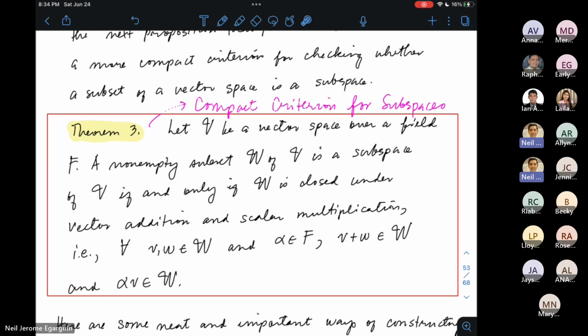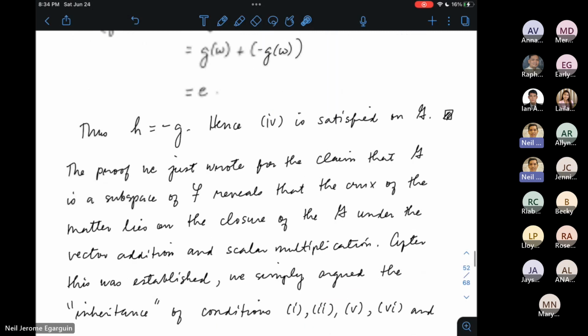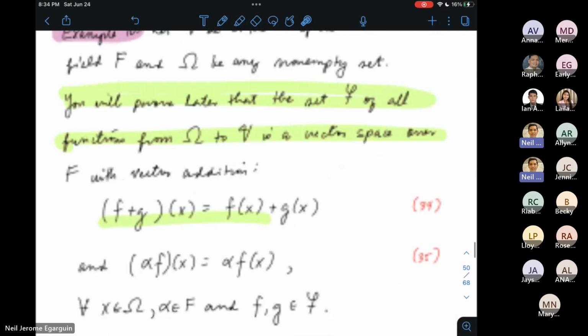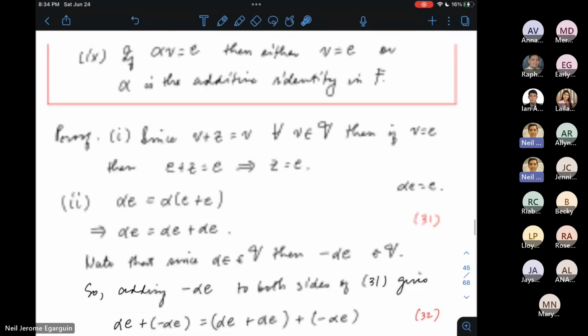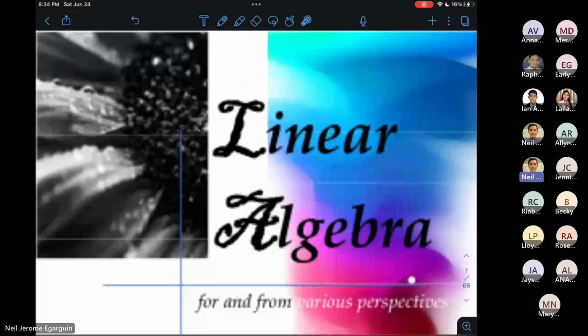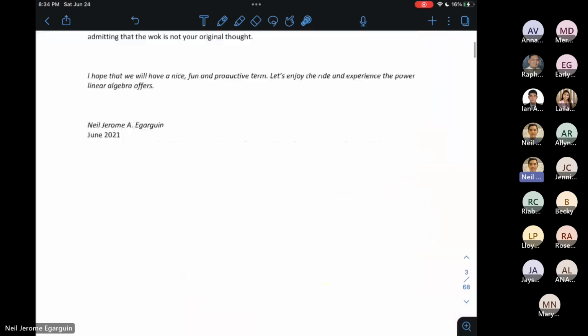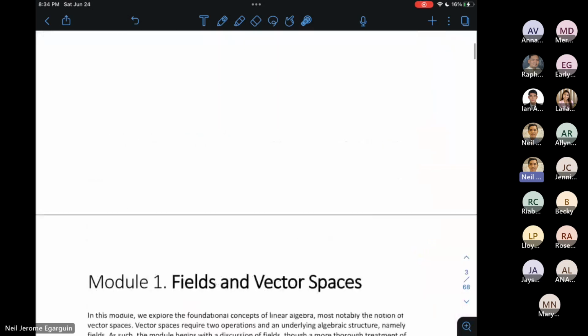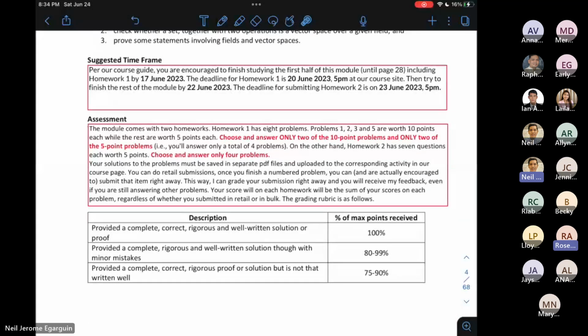So, ilan ba pinapasagutan ko sa inyo? I forgot how many items I asked you to do for homework number 2. Pero kumusta pala yung homework 1? Masyado bang marami? So, sir, I appreciate, sir, yung may mga options kami kung ano po yung sasagutan po namin. Oh, yeah. Thank you.